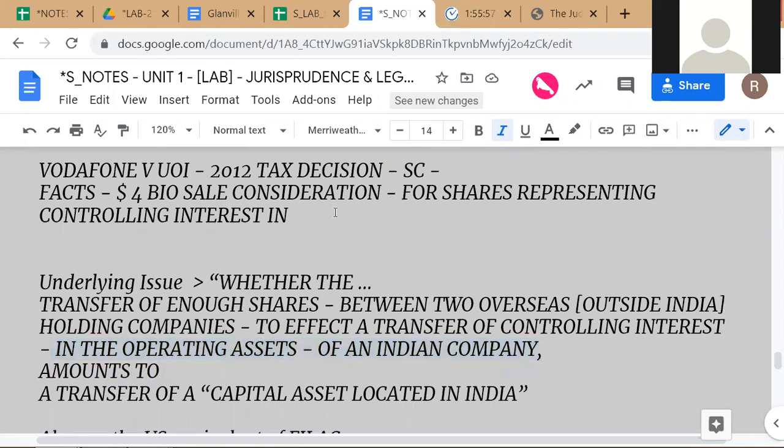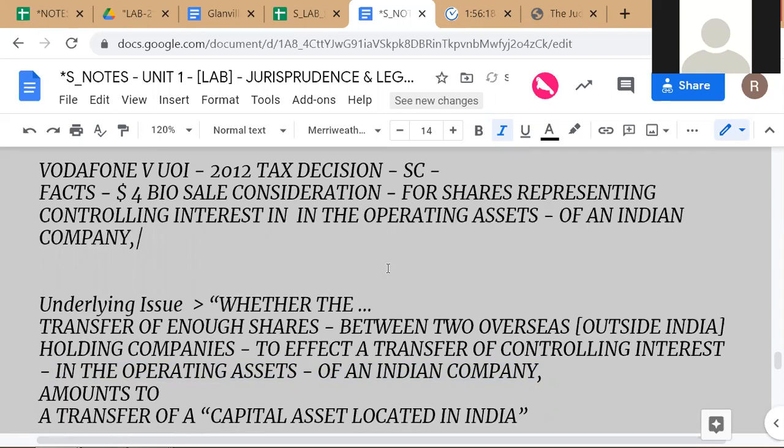So Vodafone. The situation was that Vodafone, a UK-based global telecom company, wanted to get into the Indian telecom business. They wanted to do that by buying the shares of, basically taking control of the operating assets of an Indian company, which was Hutchison SR. This was a joint venture between the SR Group and a very famous company in Hong Kong called Hutchison Whampoa, which is a trading company.